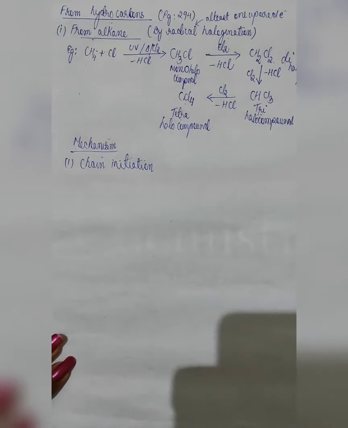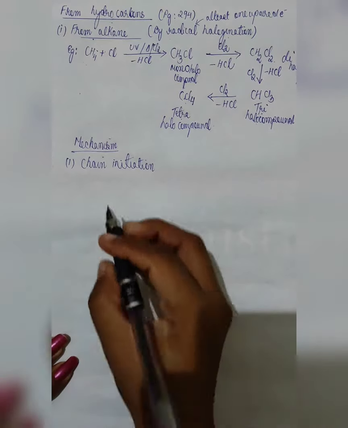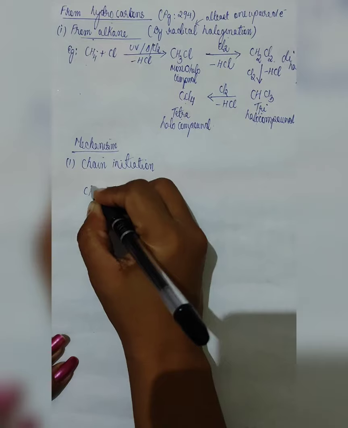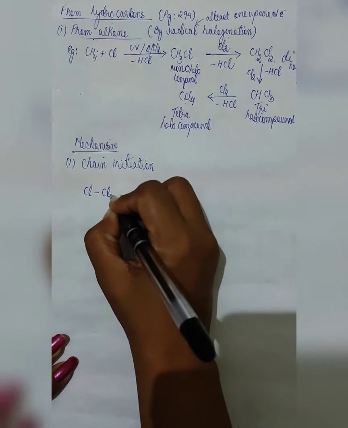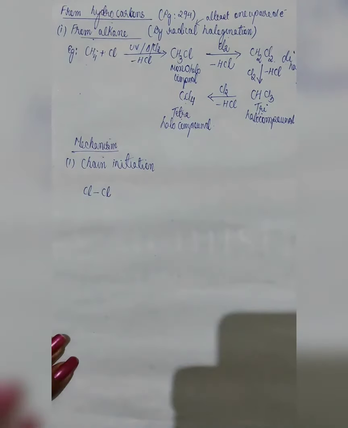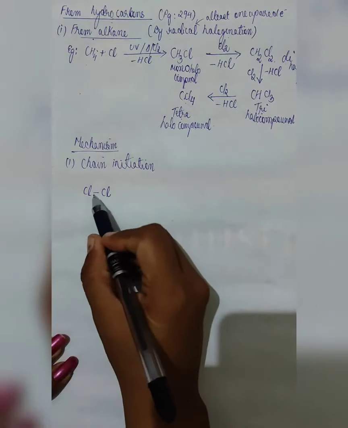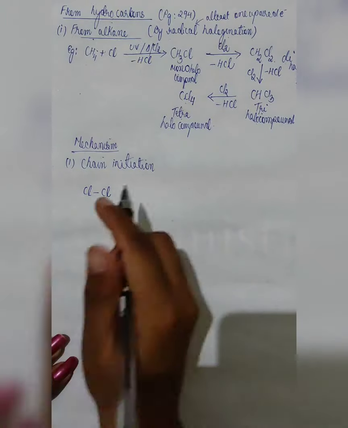Now since we are using chlorine, Cl2. Cl2 can also be written as Cl-Cl. Generally in our mechanism, we always try to show the bond, because bond breakage is going to take place. Instead of writing Cl2, we are writing it with the bond, because we have to show the bond breakage.